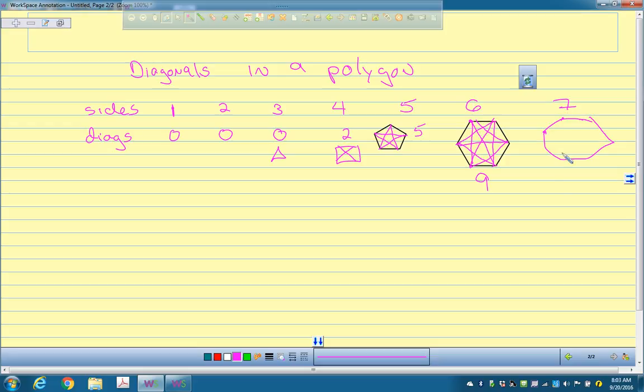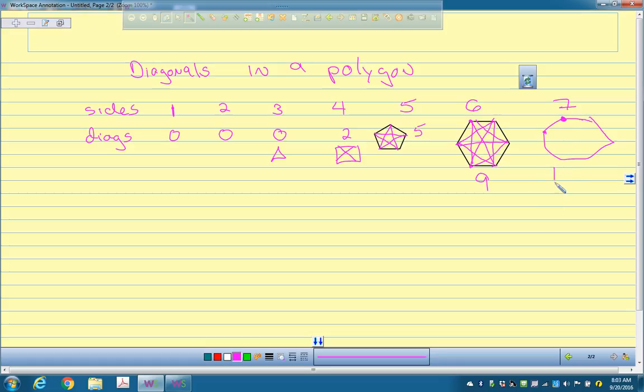How many diagonals could I have coming from any one vertex? 4, right? So basically I have 7 minus 3, because there's 3 connections I can't make. Do you understand that? Because out of any vertex, I can't connect to here, I can't connect to here, and I can't connect to itself, right? So it's going to be n minus 3. You follow that? Okay?